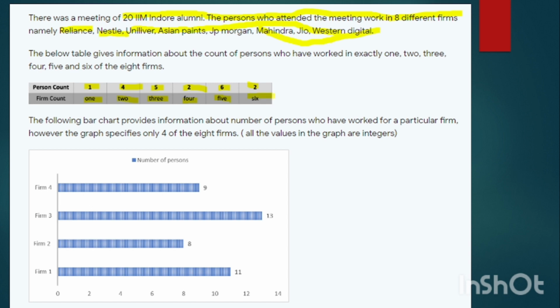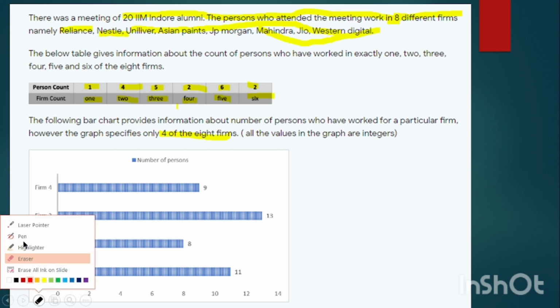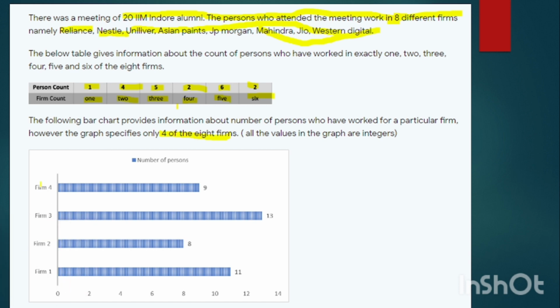And the following bar chart provides information about the number of persons who have worked for a particular firm. However, the graph specifies only 4 of the 8 firms. So there were 8 firms, but the graph here is only giving us information for 4 firms, as we can see: firm 4, firm 3, firm 2, and firm 1.